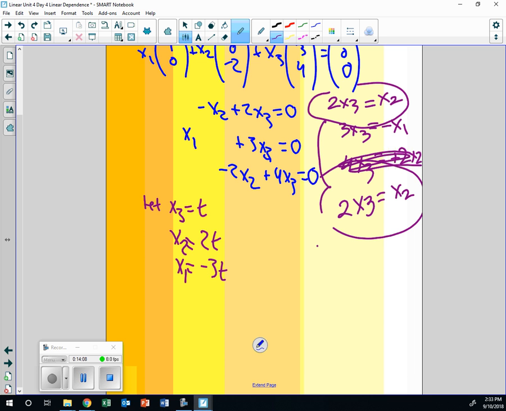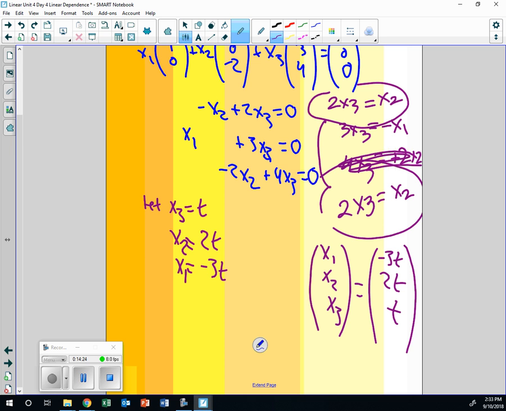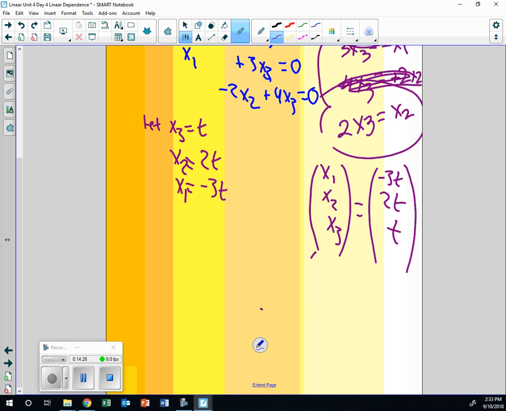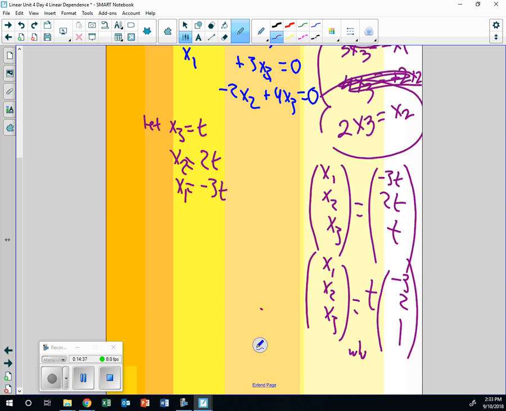So when we're setting this up, you're going to have x1, x2, x3 is equal to negative 3t, 2t, and 1t. And what can you factor out of here? T. So you're going to have x1, x2, x3. You can get that t times negative 3, 2, 1, where t is an element of the reals.